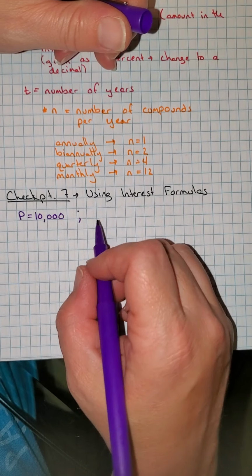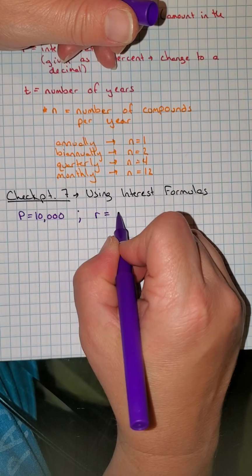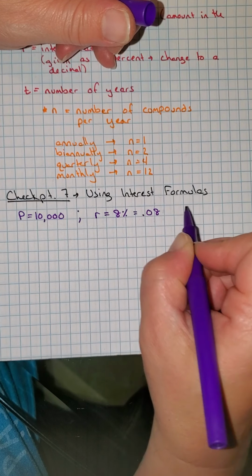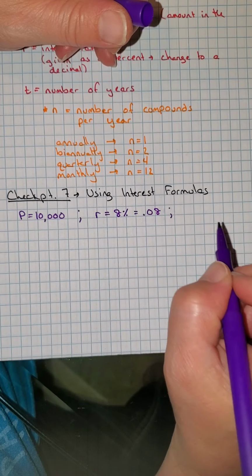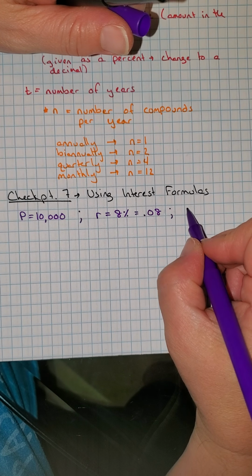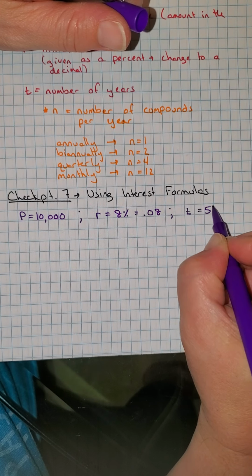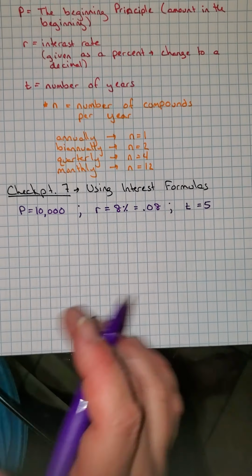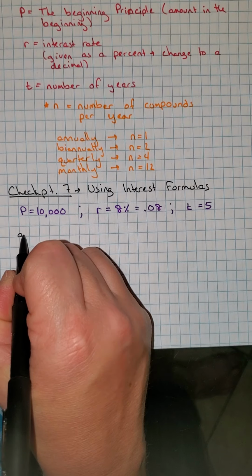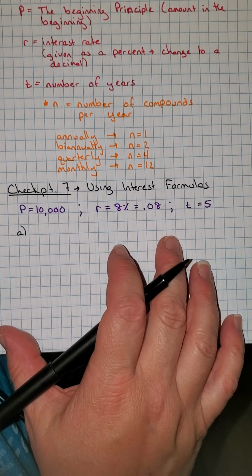An annual rate of 8%. So for both of these, our R is 8%, which if you move the decimal back 2 spaces, R would be 0.08. And we're doing it after 5 years. So in both cases, T is 5. All right, now those are statistics for both. Now for A, it says quarterly compounding.